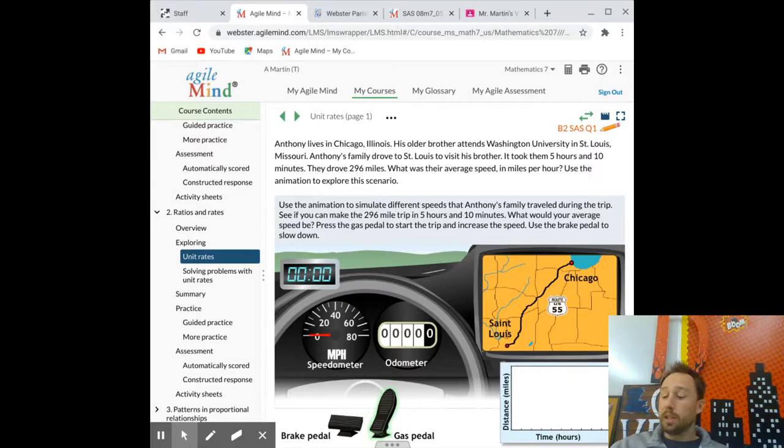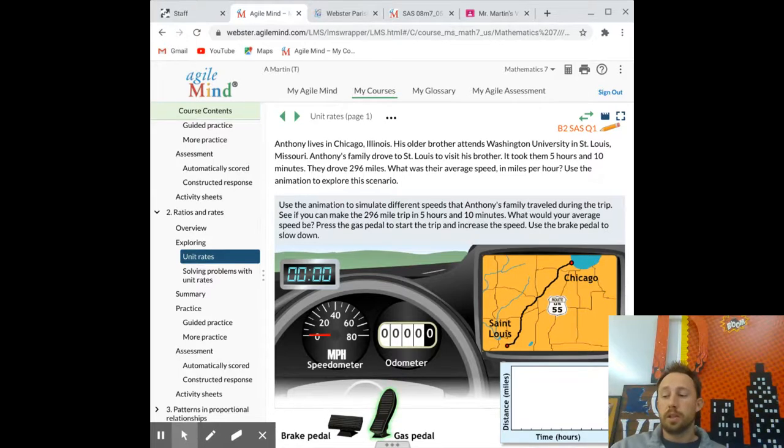All right. So thinking about this, what factors are going to determine how long it takes Anthony's family to make the trip? The time and the miles. That's right. The time and the miles are going to be the main factors.